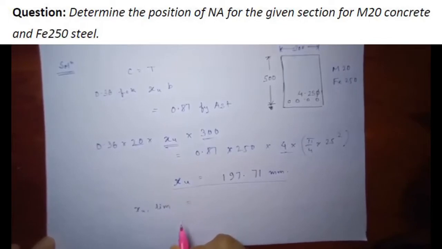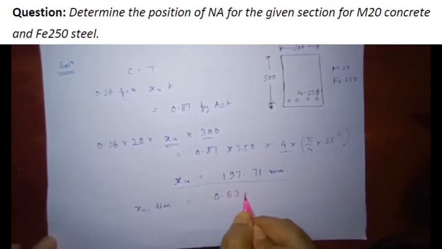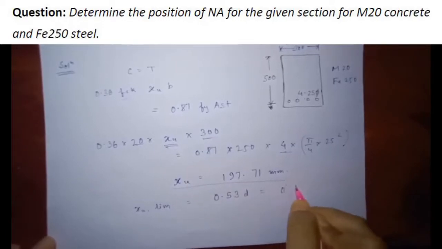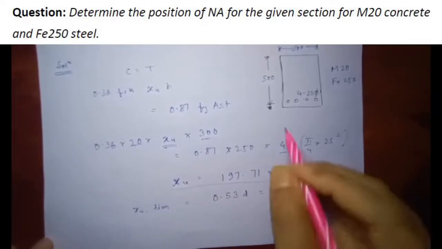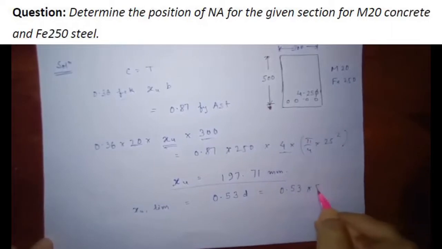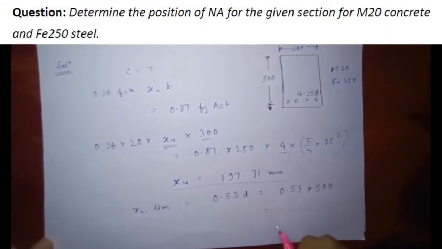Now since it is Fe250 bar, XU limit is 0.53D, and it is given by 0.53 multiplied by depth, which is 500 mm, and it is equal to 265 mm.